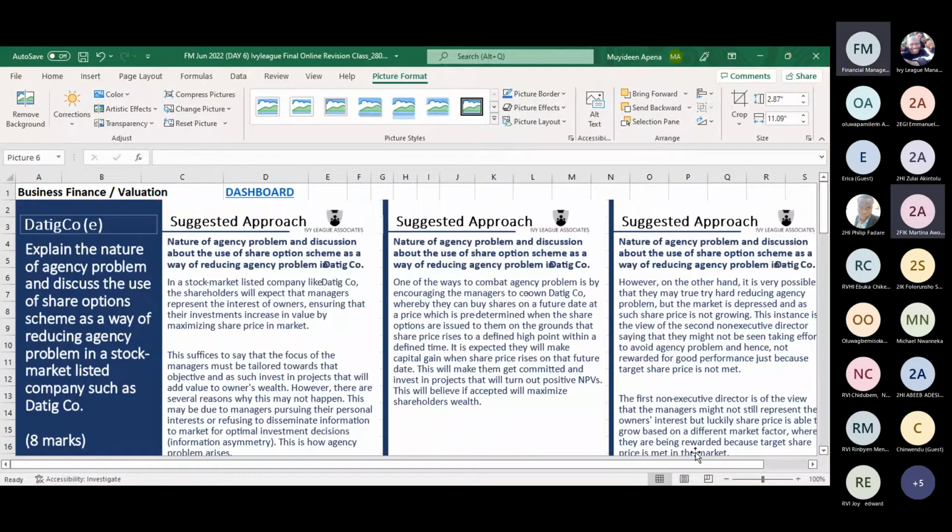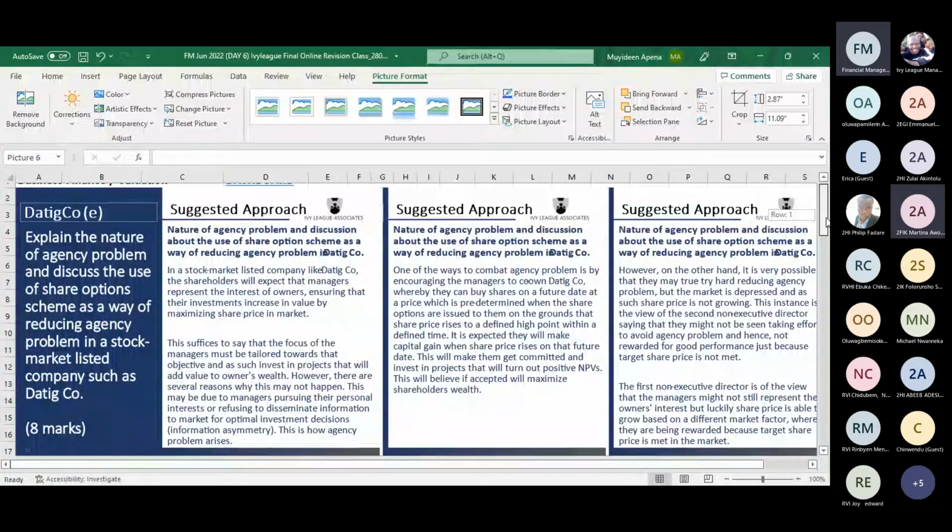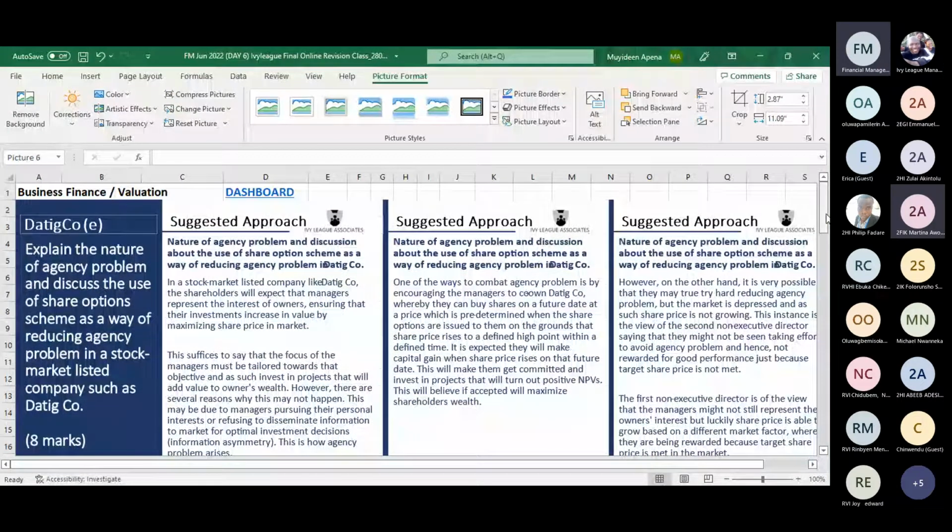Okay, so I gave a suggested approach here. What you need to do is first to talk about what connects shareholders with the management of the organization. So you need to first talk about the principal-agent relationship.